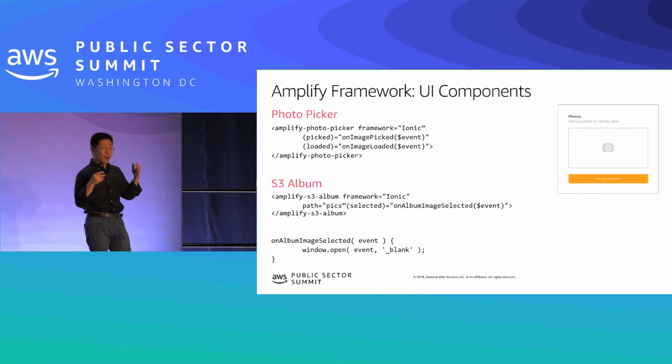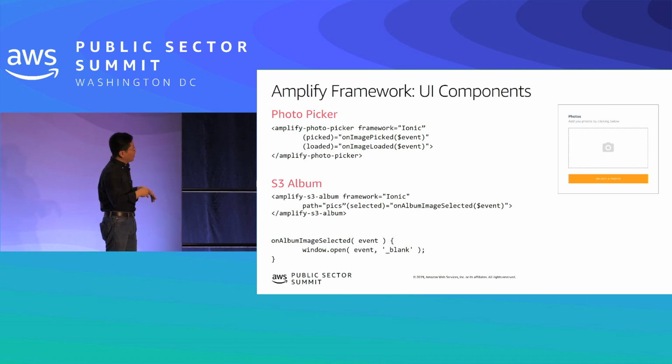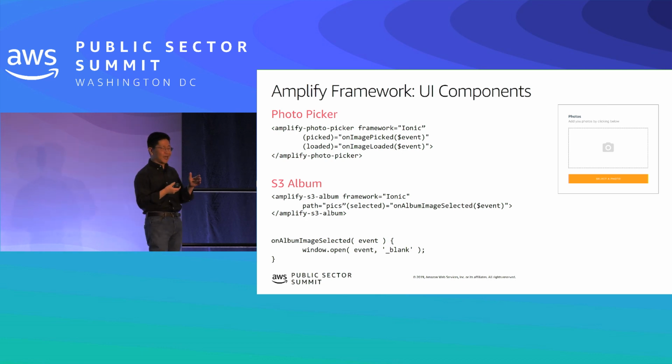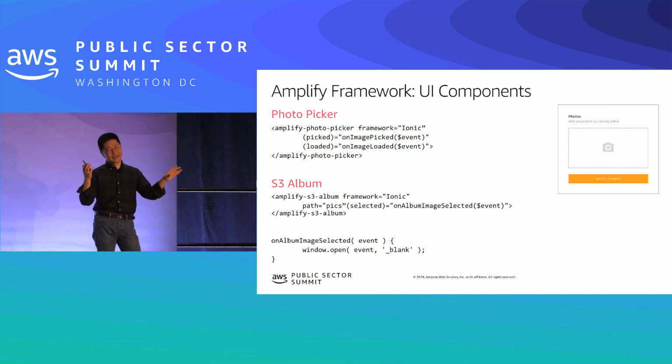Then when they have those pictures, you probably want to get a list back and show them on your pages, right? Could be your mobile, could be your web applications. With a few lines, this example is for Ionic, which is a library that allows you to build applications and eventually deploy on both Android and iOS.